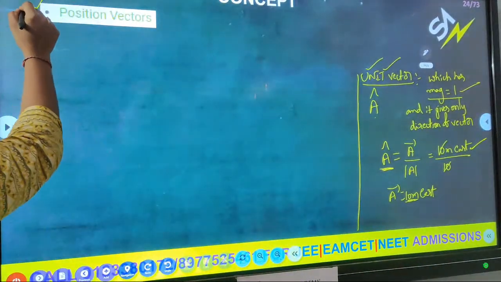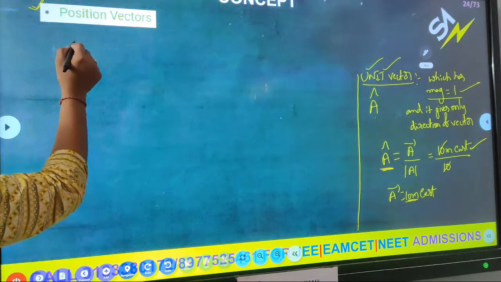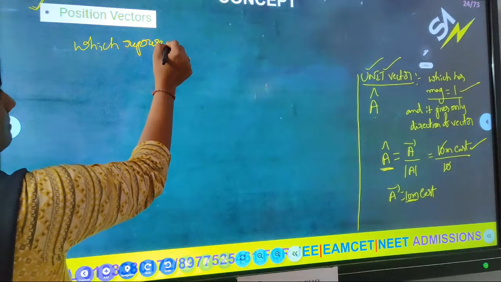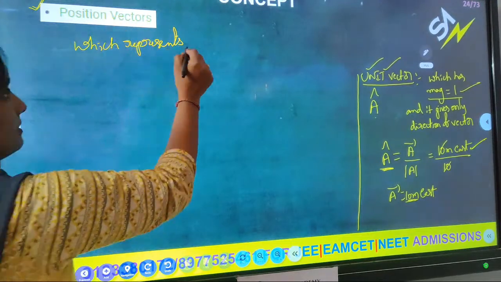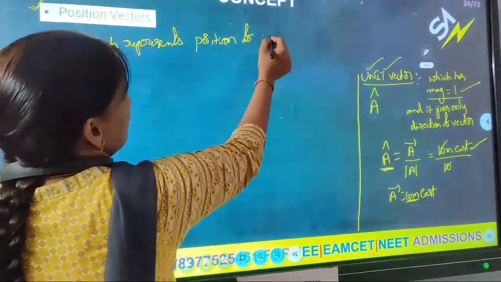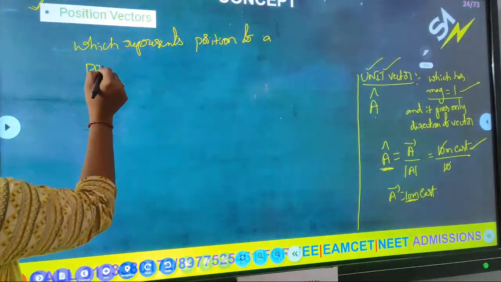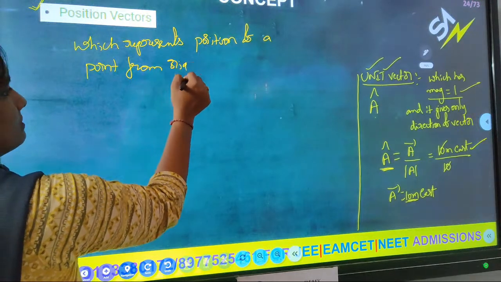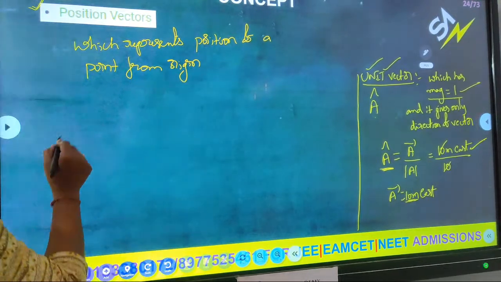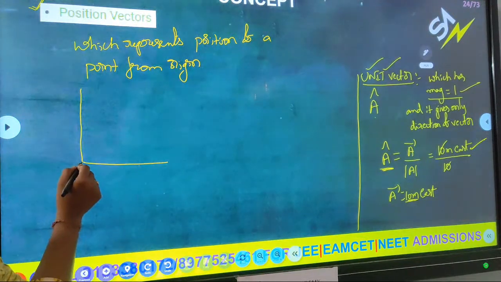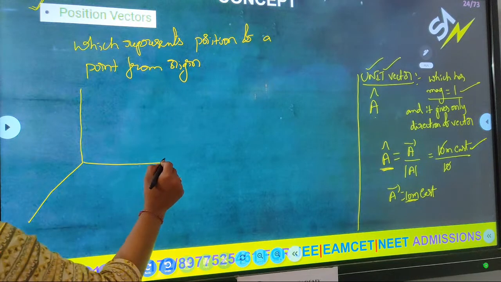Next, let us discuss the position vector. A vector which represents the position of a point from the origin. So let us describe the position of a particle in the x, y, z coordinate system.